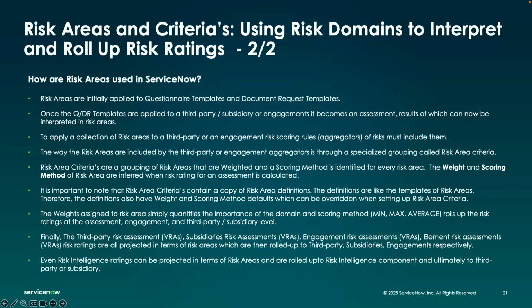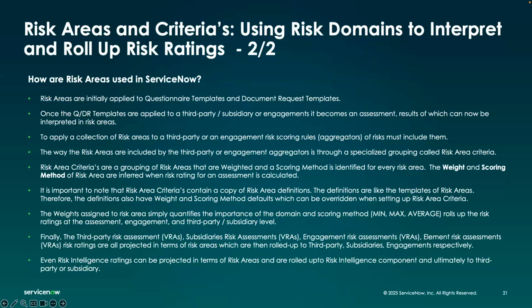It's important to note that risk area criteria don't just reference definitions, they clone them. These clones inherit default weights and scoring methods from the original risk area definitions, but you can override those defaults when configuring the criteria.